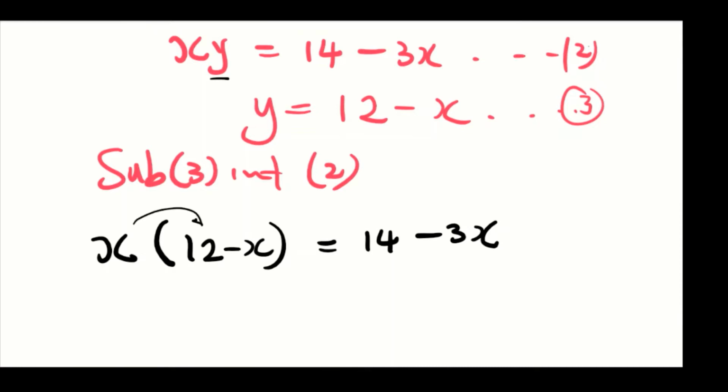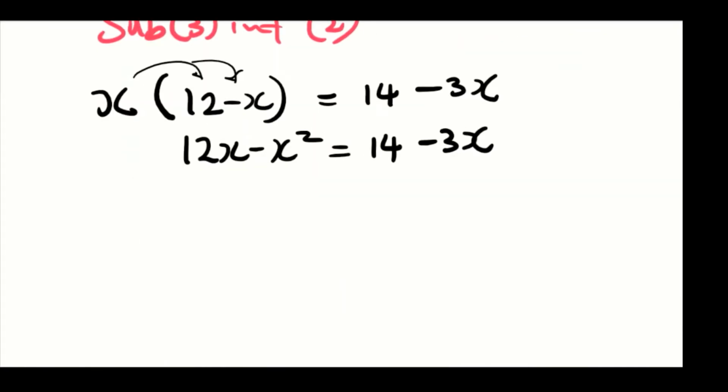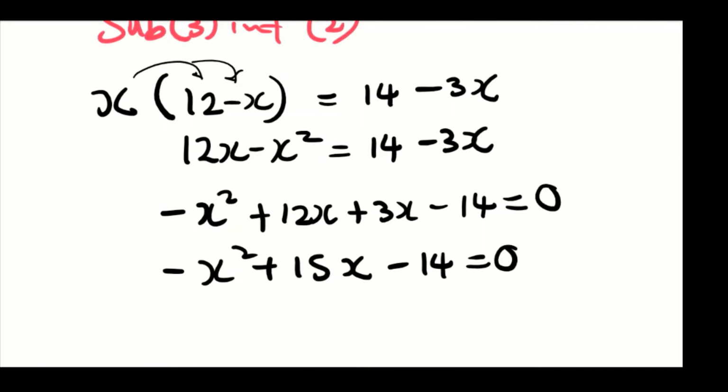So this x will multiply everything inside, so it's going to be 12x minus x squared is equals to 14 minus 3x, right? And then we're going to collect like terms, so it's going to be minus x squared plus 12x plus 3x minus 14 equals to 0. And then minus x squared plus 15x minus 14 equals to 0.